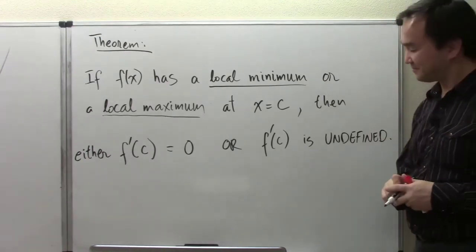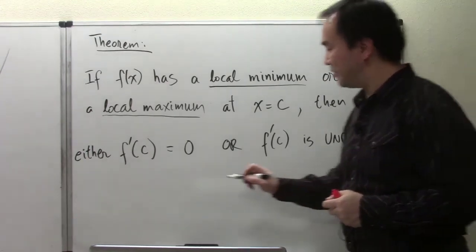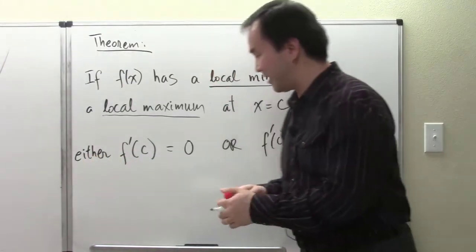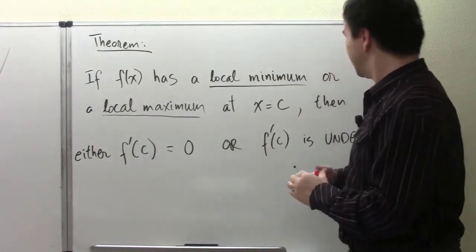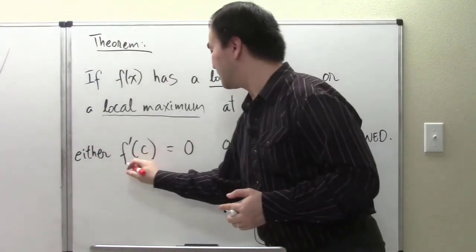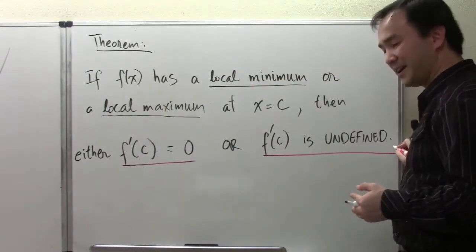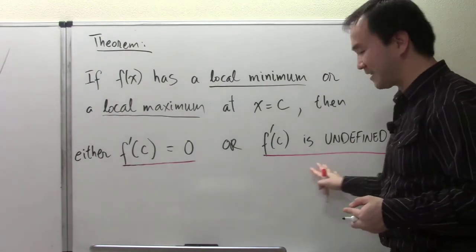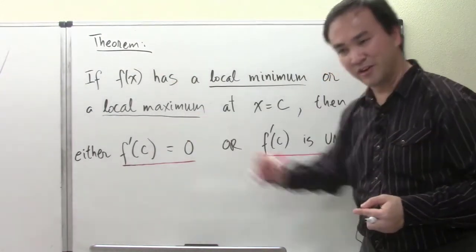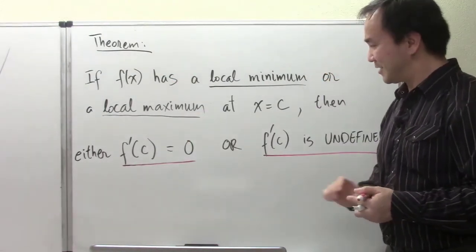But now, if we have a closer look, f prime at c equals 0 or f prime at c is undefined. Does that look familiar to something that we have done previously? Wait a minute.